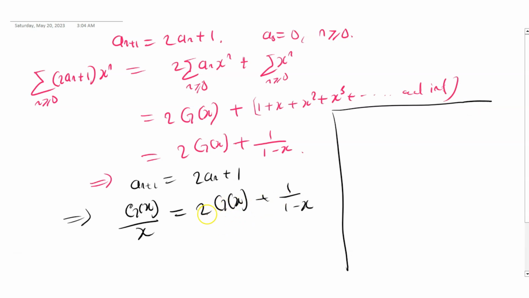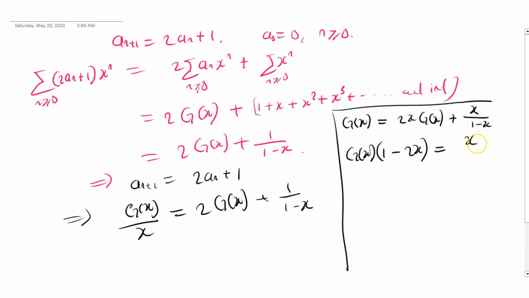So let's multiply both sides by x. That means g of x is equal to 2x g of x plus x over 1 minus x. Therefore g of x times 1 minus 2x is equal to x over 1 minus x. So g of x would be equal to x over 1 minus x, and then 1 minus 2x. Now we are not done with our problem.